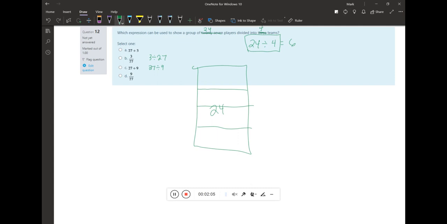We're dividing 27 into 3 groups of 9, right? So 27 divided by 3 ends up being that one. I guess I just gave you the answer, but same with this one, we could cross out, this one we could cross out, not just because they're in different form, but because it's not 9 divided into 27 groups, right? It's 27 divided into 3 groups.